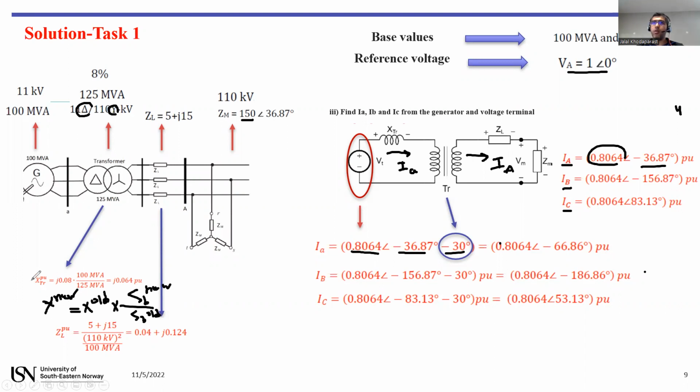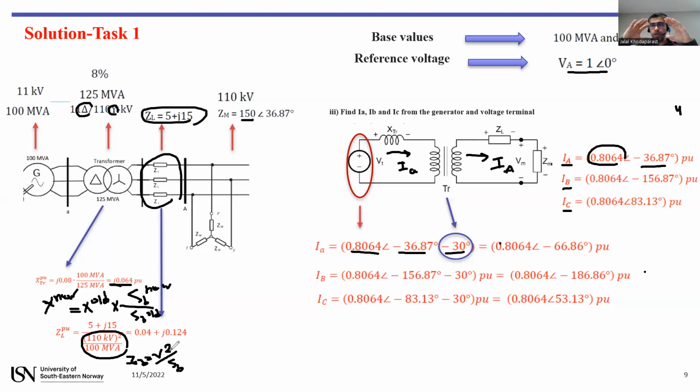According to this formula, we calculate the new value for the reactance of the transformer and the impedance of the load. This value is in ohm, and you have to convert it to per unit. We know how to convert to per unit: the impedance in ohm should be divided by the Z base, that is voltage squared over S base.